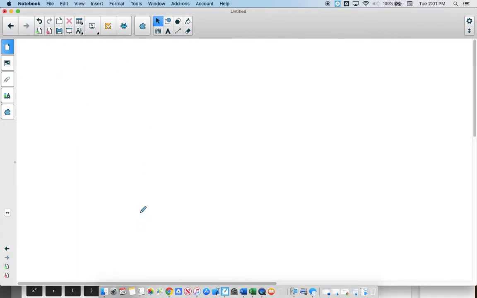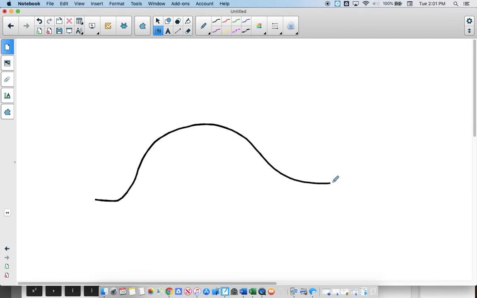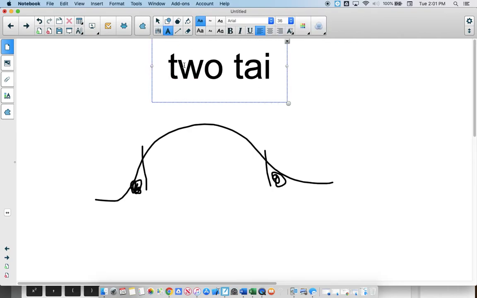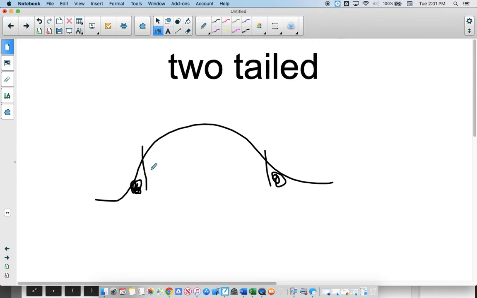So our alpha value, we want to find out this area here and this area here when we're two-tailed. We're going to use that feature on our calculator, but what we need to do is take 1 minus our alpha value, because this area and this area are what we want to be the 0.05.